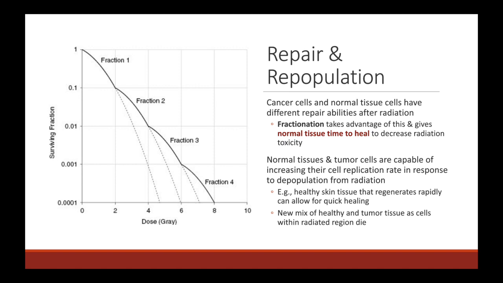The idea is that the cancer cells are much more mutated and they're less capable of repairing damage, whereas our normal cells actually have the ability to repair and repopulate, thus causing less toxicity.